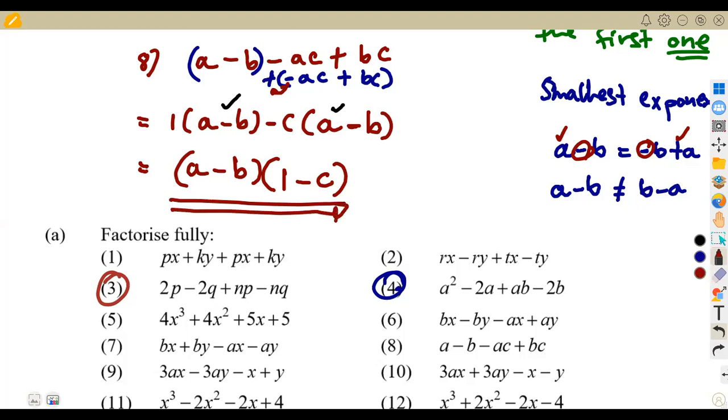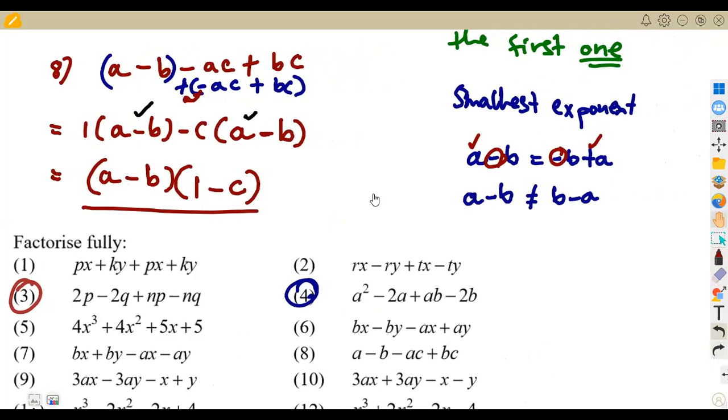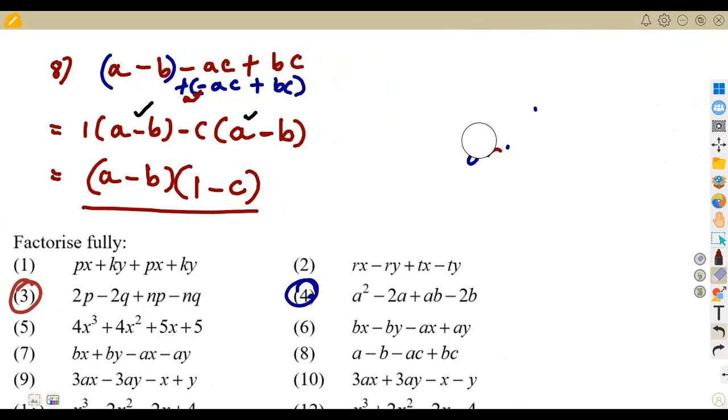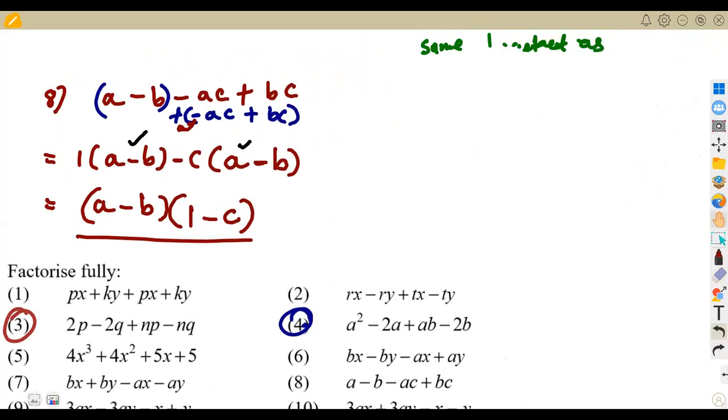All right, let's say I did not want to use this part as it is. Maybe you actually failed to see that you can factor out 1 as a highest common factor.